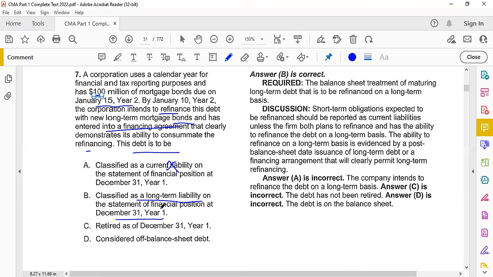It doesn't mean you prepare the financial statements at year end, 31st December, and it's final. No, it can be changed until the audit report is signed and the financial statements are approved. Up to that point, if there are some events, you can adjust. Clear? So this you can refinance. I hope you got what I'm saying.